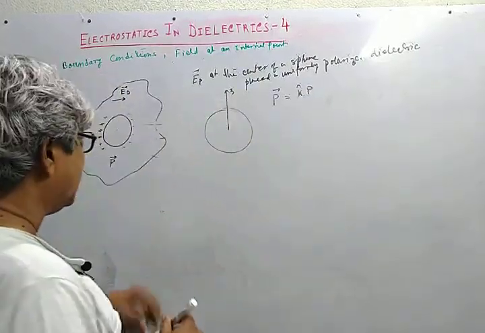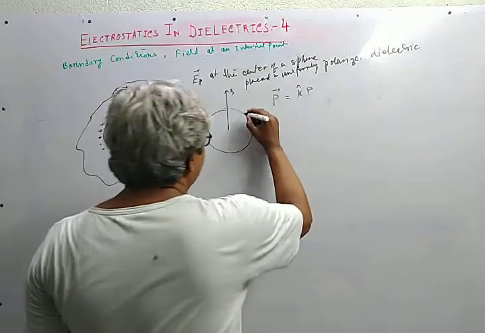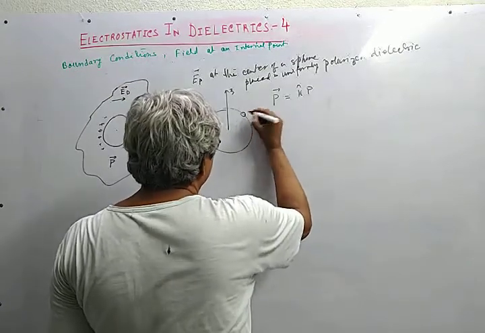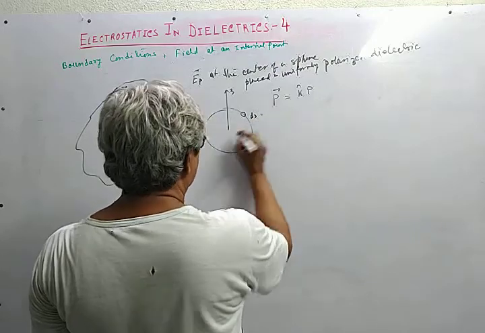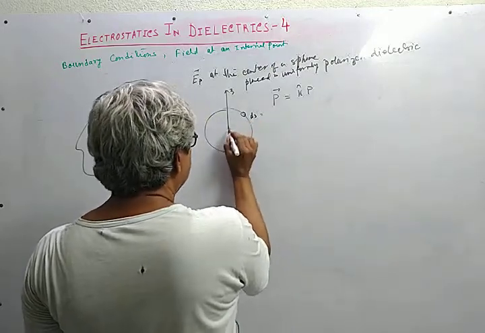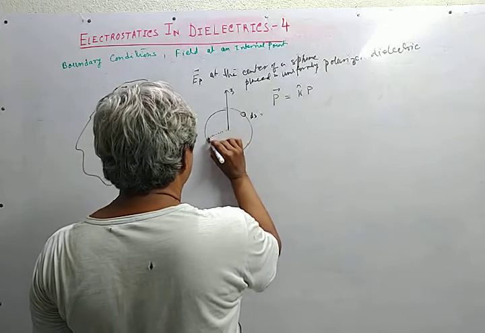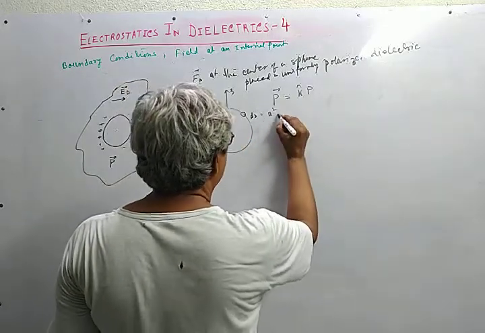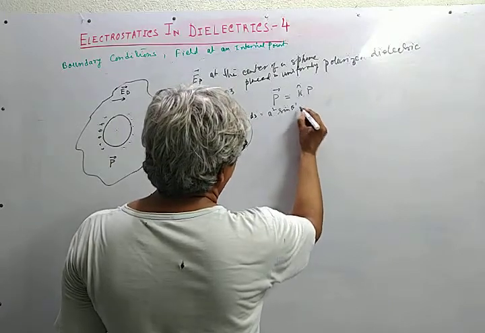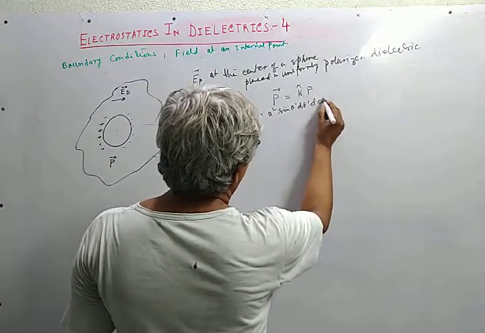Now, if we consider a surface area over there, the surface area is dS prime, which is, if A is the radius of the sphere, A squared sin theta prime d theta prime d phi prime.